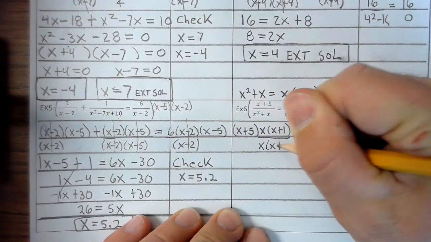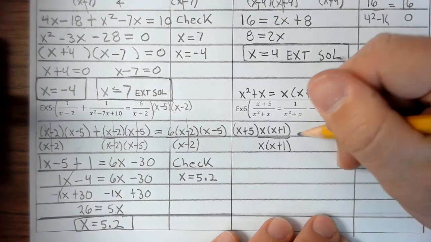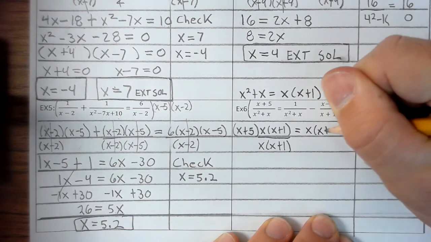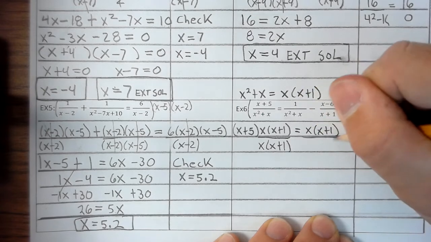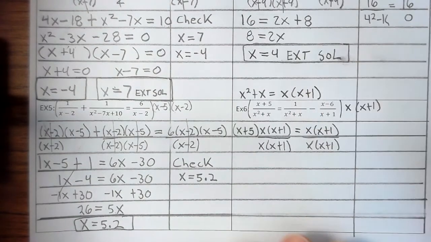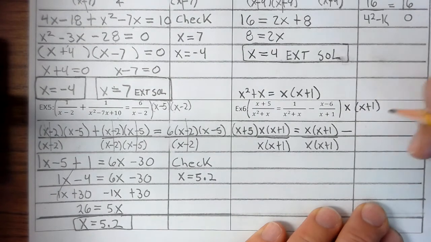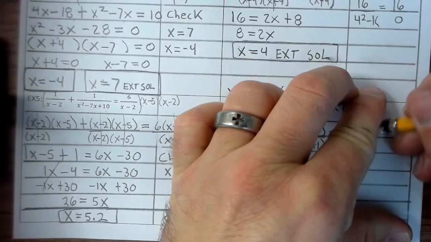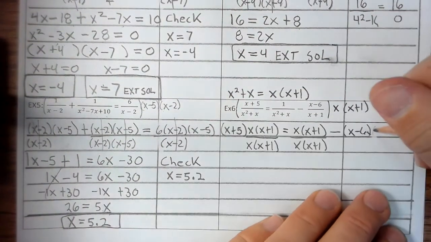equals x times x plus 1 divided by x times x plus 1 minus x minus 6 times x times x plus 1 divided by x plus 1.